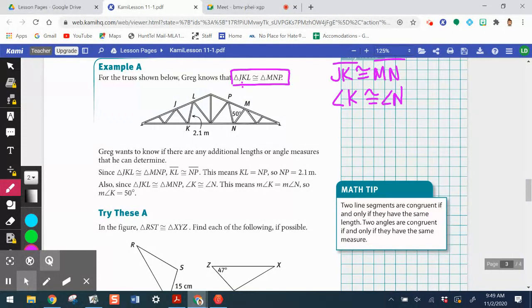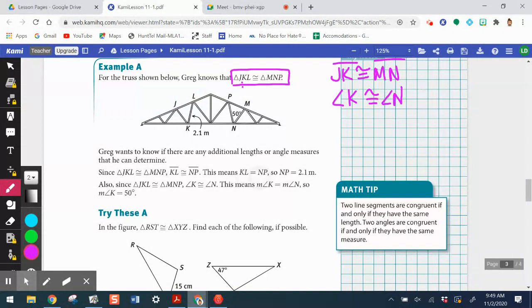But so we're making a pretty big claim here that if these 2 triangles are congruent, then corresponding parts are congruent as well. So triangle JKL being congruent to triangle MNP, corresponding part line segment KL is congruent to NP. So if we know the measure of KL, we know the measure of NP because of our previous definition of congruency. For 2 figures that are congruent, they have the same measure.